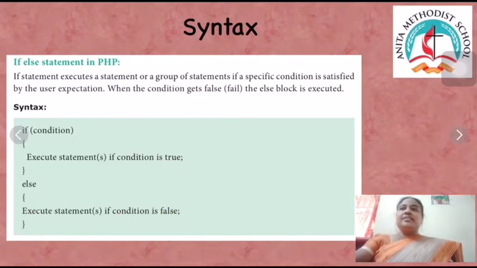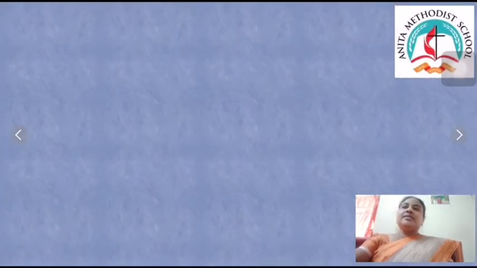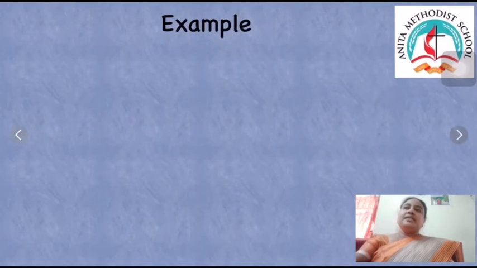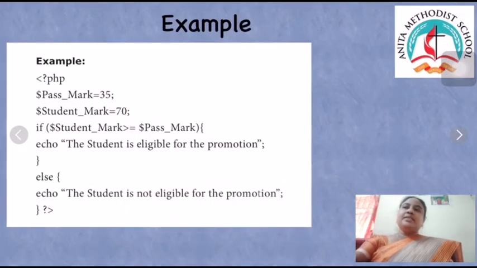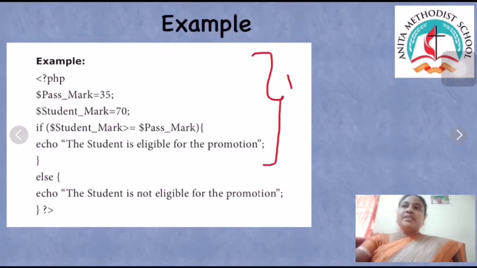Okay, let's see some examples. Using if and else, here we write the same example, and we include one else. Do you remember the previous example, children? If statement, open PHP, then here we declare two variables: one is the pass mark, another one is the student mark.